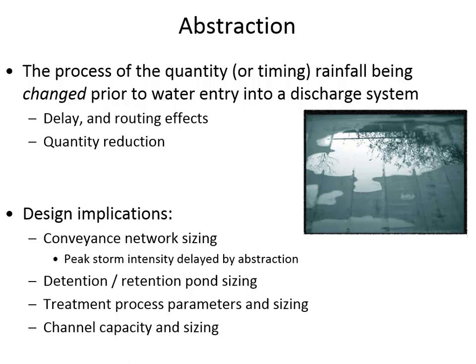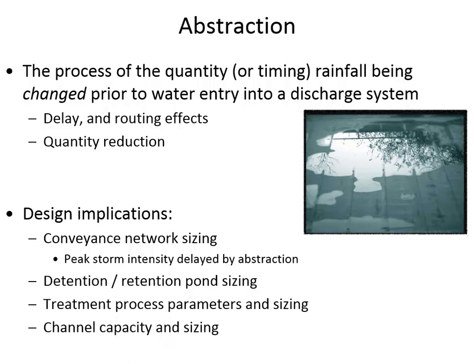The peak storm intensity is delayed by abstractions, and accounting for abstractions can be a really important part of getting an effective model. It can also factor into the size of a detention pond.